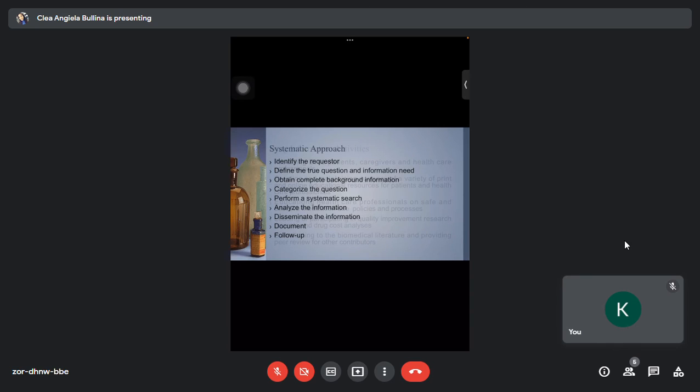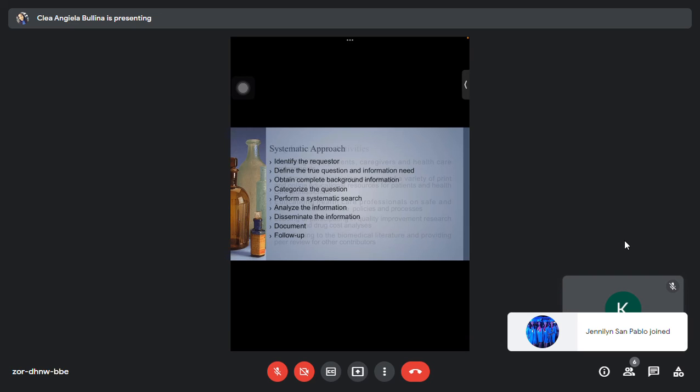Okay? Disseminate the information. Provide an oral or written response or both as needed by the requestor that specifically applies the information to the particular situation. The information, its urgency, and its purpose may influence the method of response. Okay? That is why we should have supporting documentation para, if possible, para mas solid yung ating pag-i-inform sa patient.